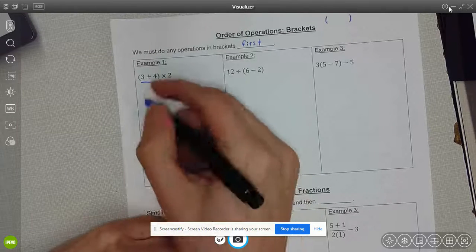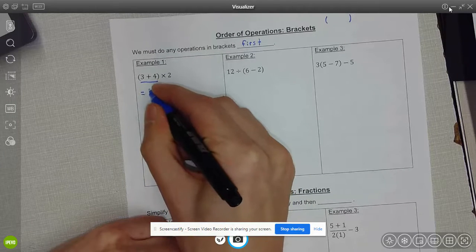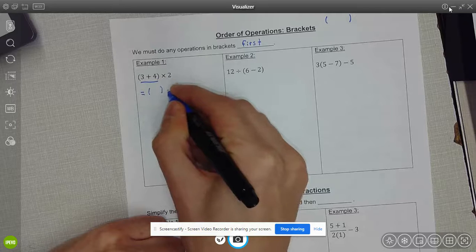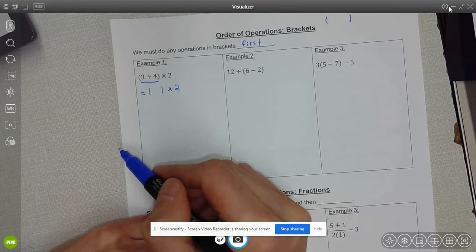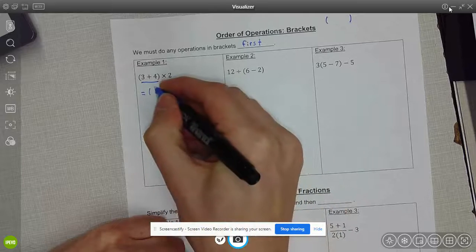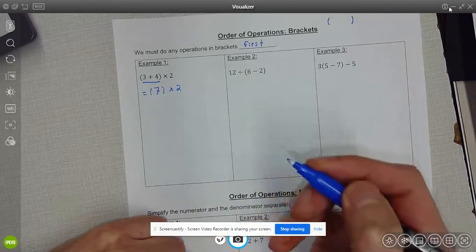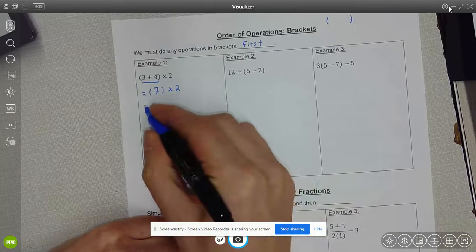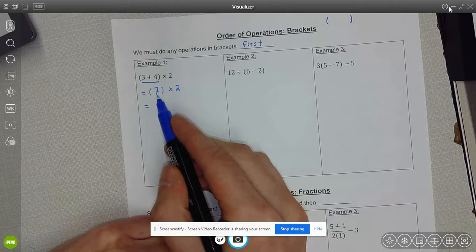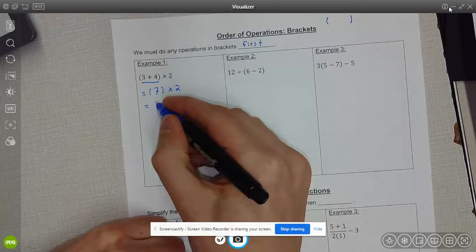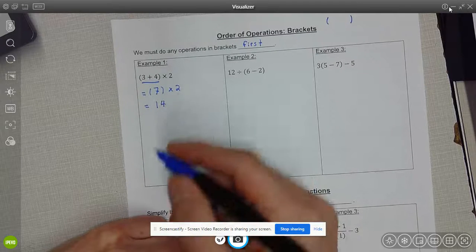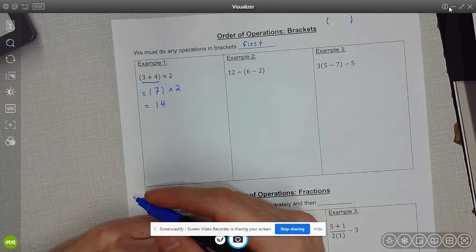So I'm going to copy down everything the same, and I'm only going to change what I've underlined in blue. So I have 3 plus 4 equals 7. Now I have one number in the bracket, that's okay. I've got 7 multiplied by 2, which is 14. So I need to reduce the bracket or solve whatever is in the brackets first.